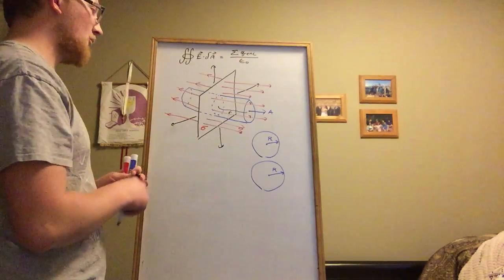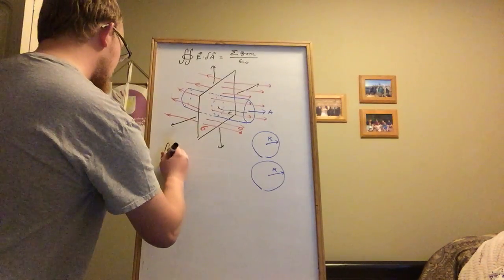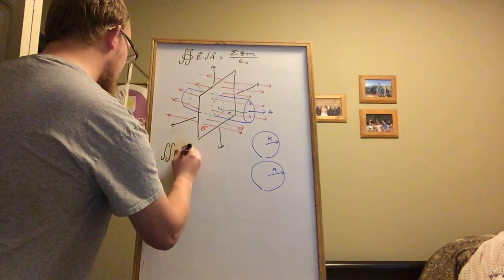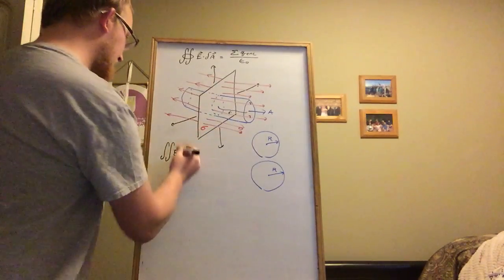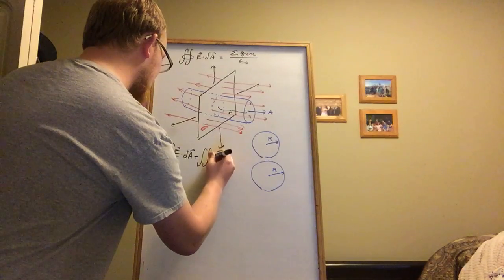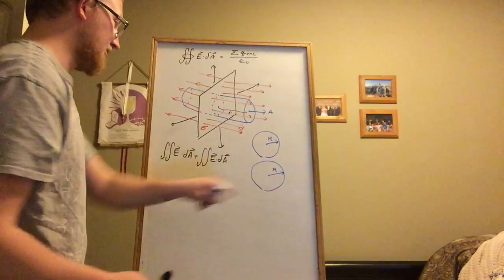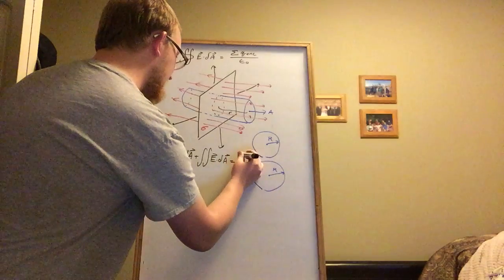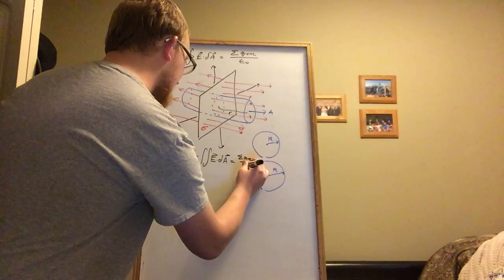So what we're looking at now is that the sum of E dot dA for this circle plus the flux for this circle must equal the sum of charges enclosed divided by epsilon naught.